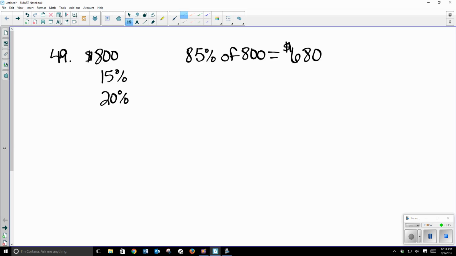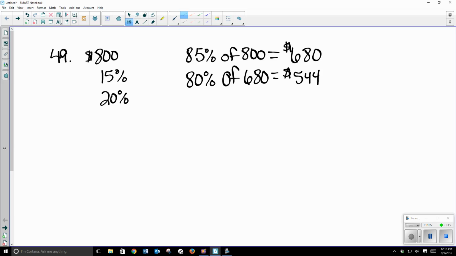Then it was reduced by 20%, which will be 80% of that, right? 80% of 680 is 544. Okay. So after it was reduced two different times, it ended up being 544.